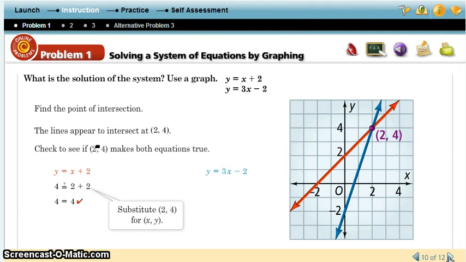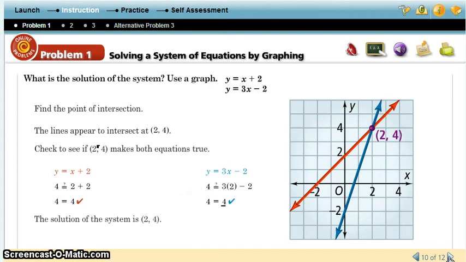The point (2, 4) makes the first equation true. Substitute (2, 4) for x, y into the second equation. The point (2, 4) makes the second equation true. The solution of the system is (2, 4).